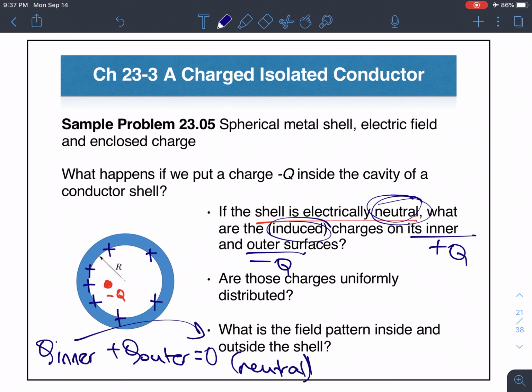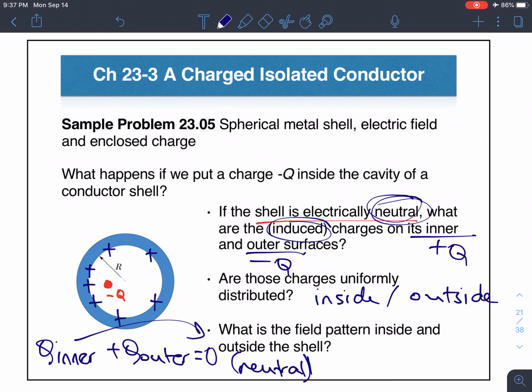Okay, so a couple things here. Are those charges uniformly distributed? Let's think about inside and outside. Inside is the inner surface again. You can already see that the inner surface charges are not uniform, because that negative Q was off-centered.